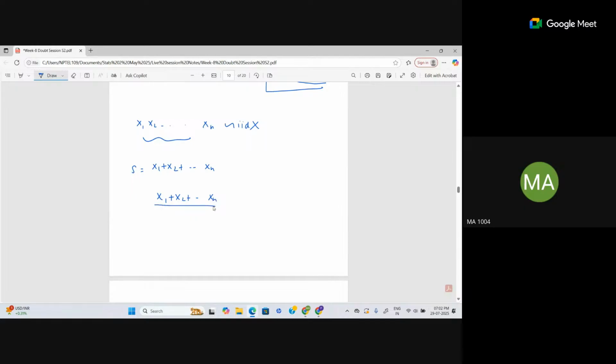For a large sample, it tends to follow a normal distribution. So whether you use the sum or the sample mean, both will give you the same answer if you are approximating any probability. Suppose x bar is given, then you can convert it like S by n, and solve accordingly.